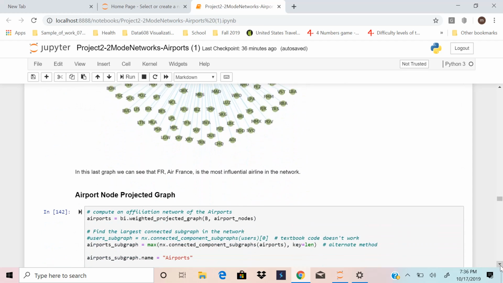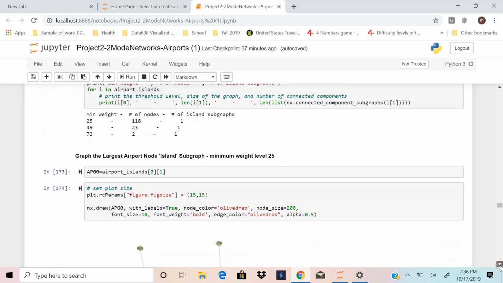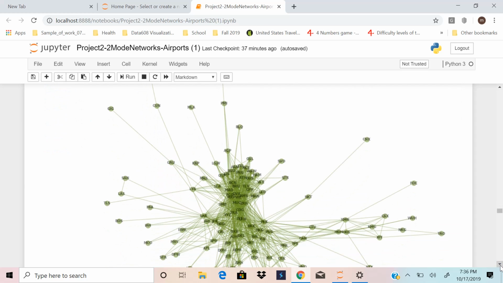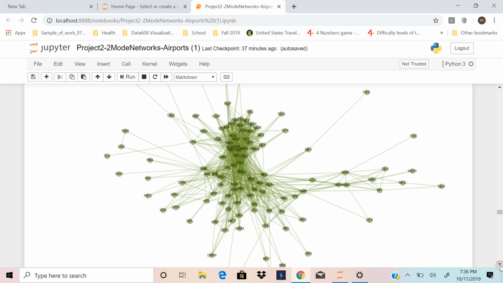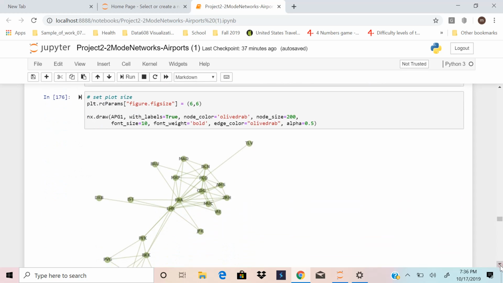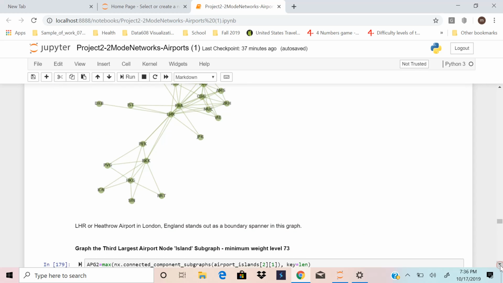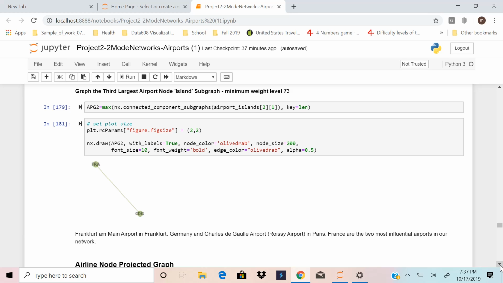So now we're only doing airports. For airports, we're also trying to subset our subgraph. We're getting to the top airports, squeezing our data, and finally we get to Frankfurt, Germany, and Paris.